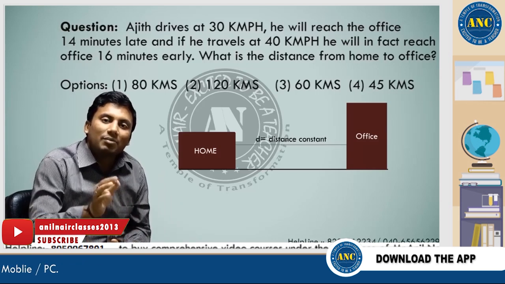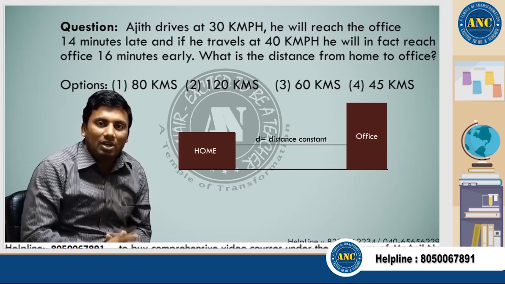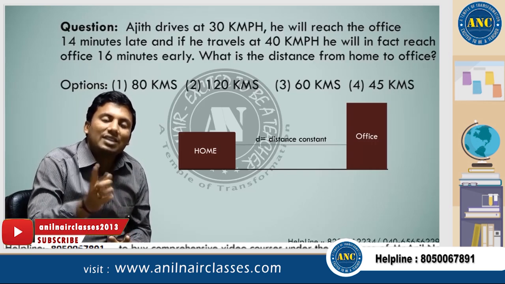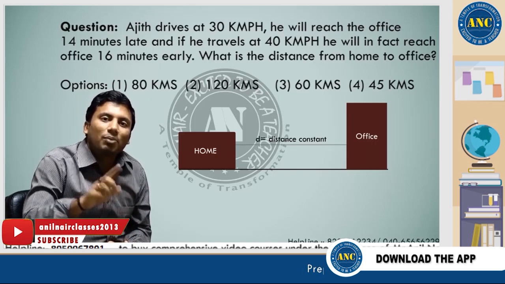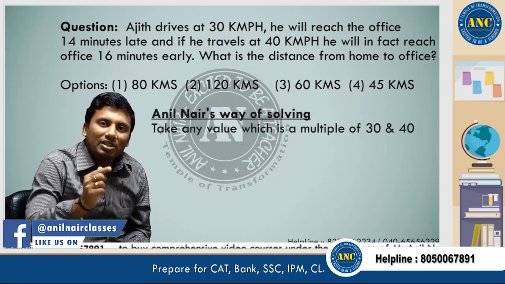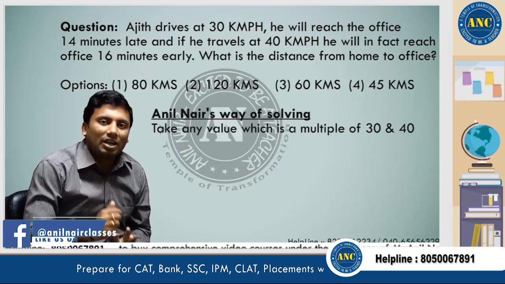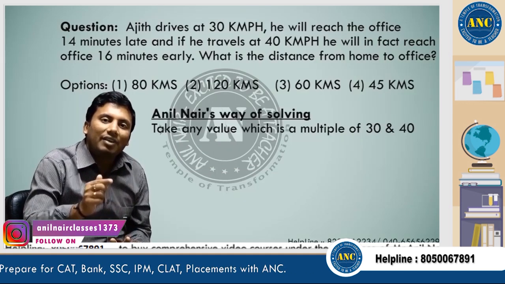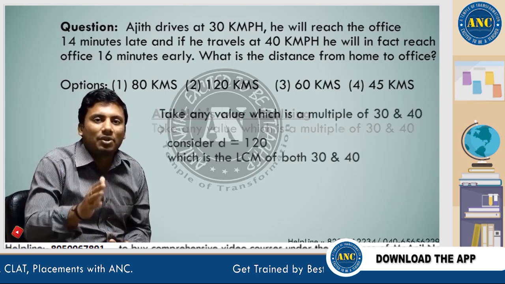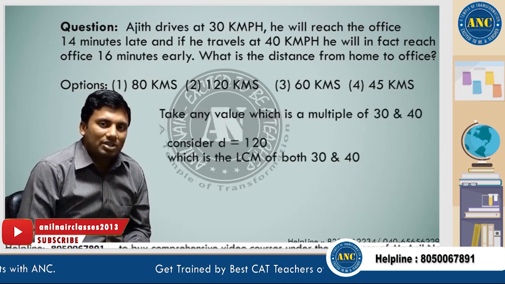Let us take some dummy value for d. To get the answer in less time and space, we will take some value which is a multiple of the speeds given in the question. Speeds given in the question are 30 and 40. So I am taking d value as LCM of 30 and 40, which happens to be 120 kilometers.